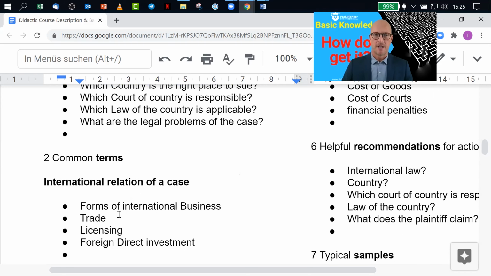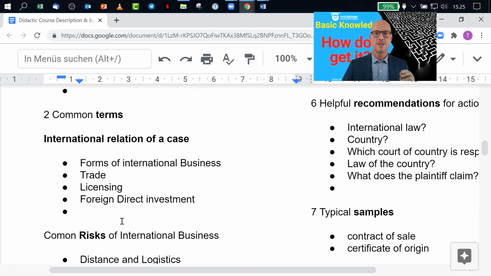The second part, you should always find out the common terms. Of course, this has a relation to the question we want to solve. For example, we have here the question of the international relation of a case. For this, you must know which forms of international business we have.